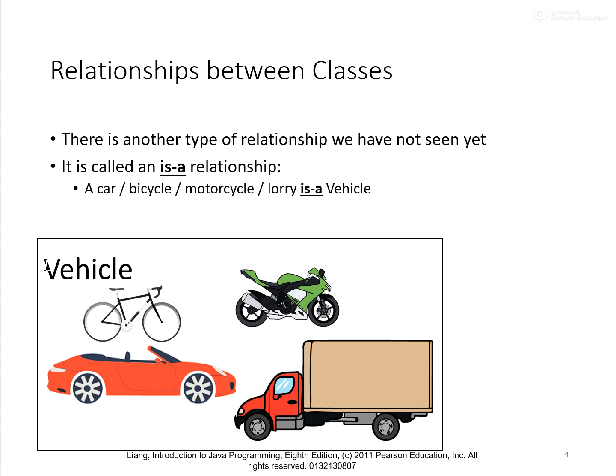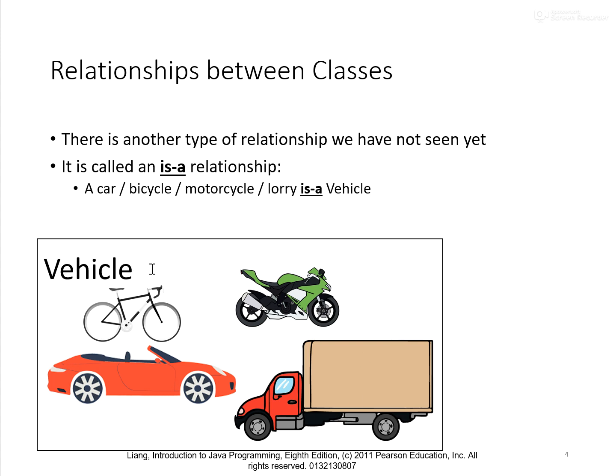On the one hand, we have a generic class called vehicle, and there are of course different types of vehicles. A bicycle is a type of vehicle, a motorcycle is a type of vehicle, a car is a type of vehicle, a lorry or truck is a vehicle.